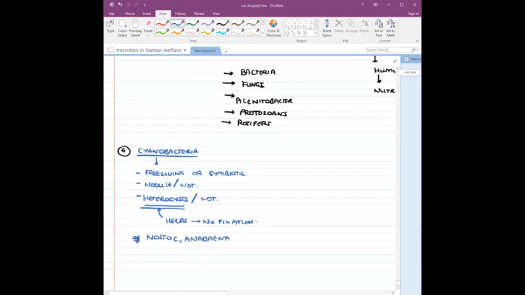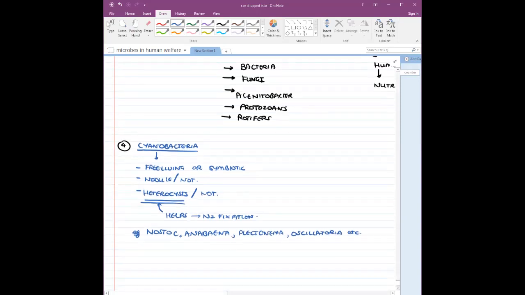Always remember the spelling of Anabaena is Anabaena, but the pronunciation is different. The next one we have is Plectonema and Oscillatoria, etc. So these are basically your cyanobacteria.